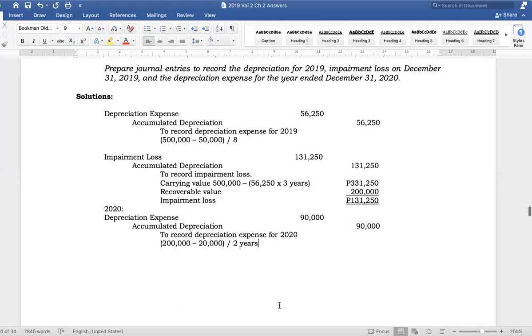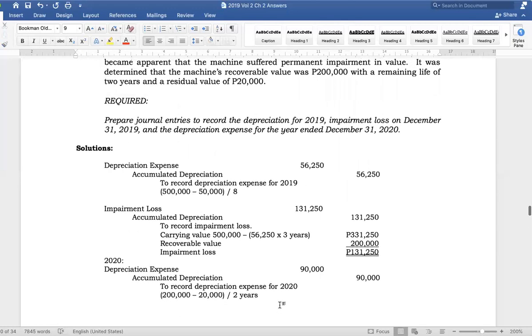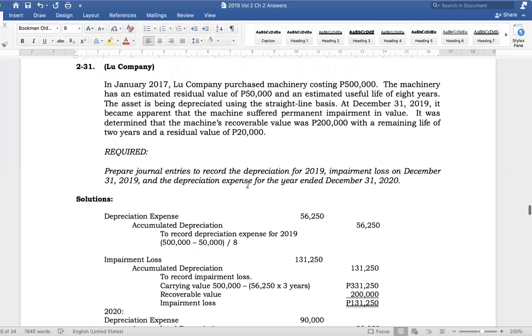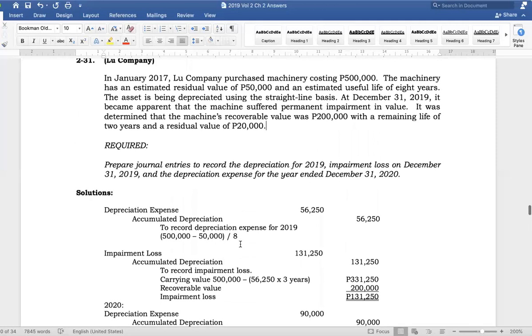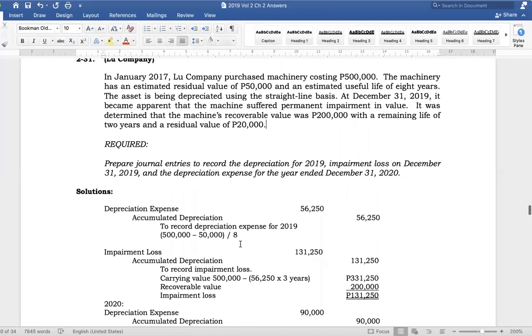Okay, so the estimated useful life of the asset is 2 years after testing it for impairment. So it was really impaired because even the useful life of the asset has been shortened. Prior years is only 3. So that means based on original estimate, the remaining life should have been 5.